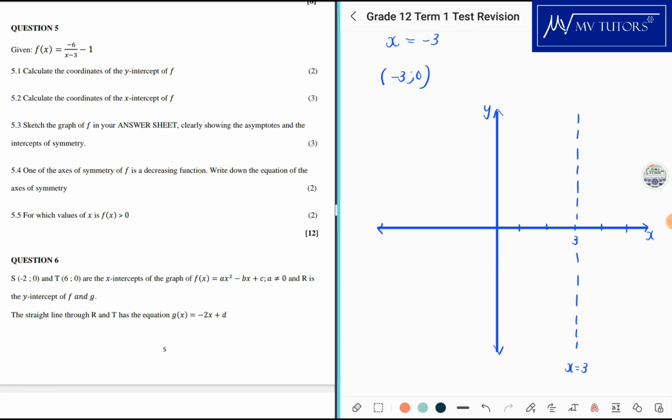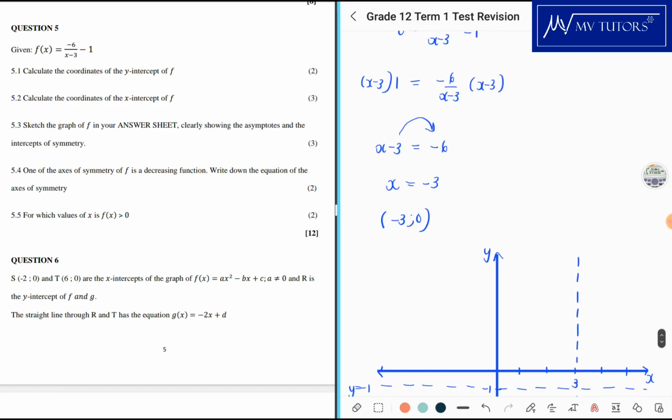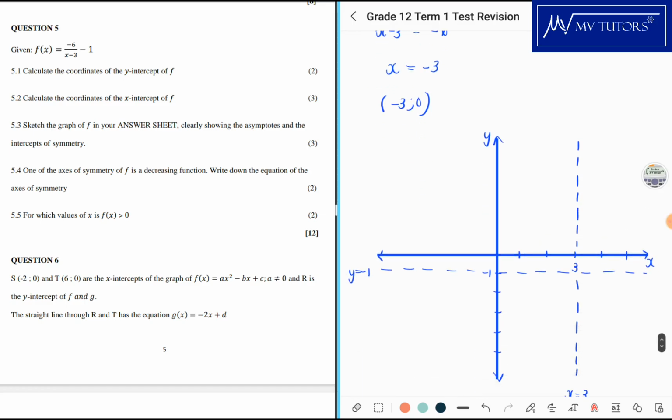And then the other asymptote is minus 1. So there is minus 1. Basically, y is equal to negative 1. Alright, and then I worked out the x and y intercepts, right? So my x-intercept is minus 3. So x is minus 3, 1, 2, 3.